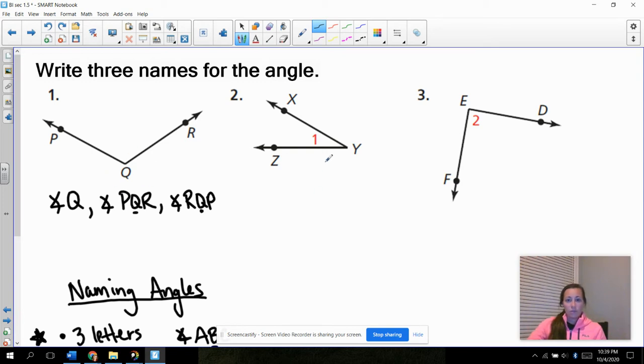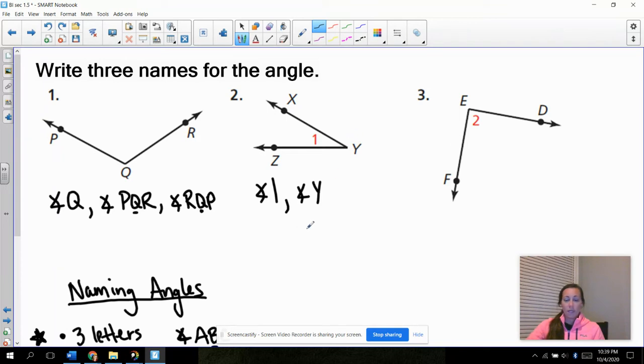So those would be the only three names you could give for this. All right, number two, since they did give me a number in this corner, I could just name this angle 1. So it is a nice option if they give it to you. I could also name this angle Y because Y is my vertex.